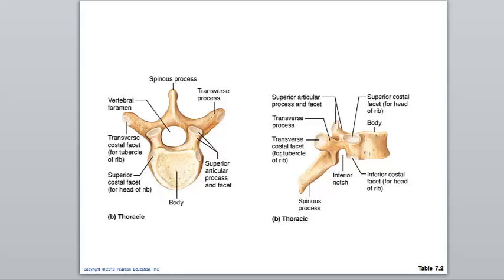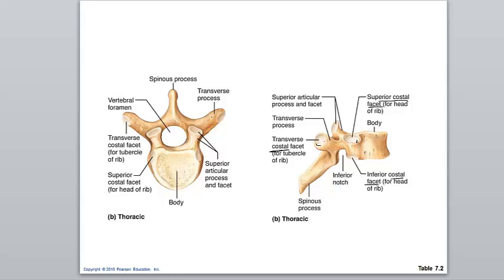Okay. Let's look at the vertebrae itself. It needs a joint or facet for the ribs to attach. That's exactly what you're going to see. So you have your transverse costal facet. Costal means ribs. You have the costal facet over here, inferior costal facet over here, superior costal facet over here of the rib.